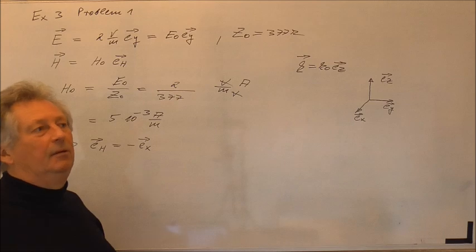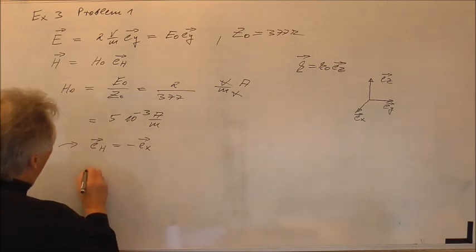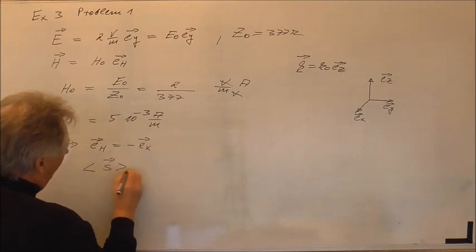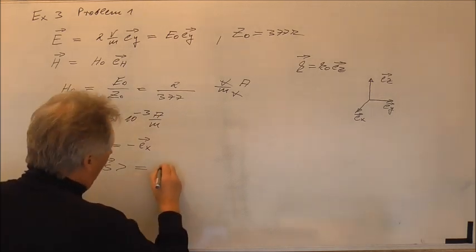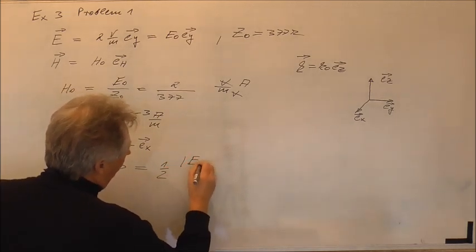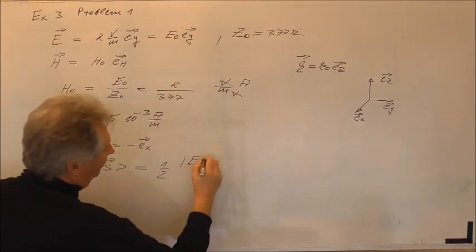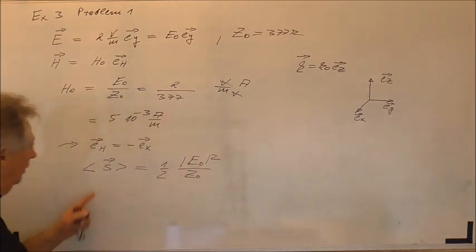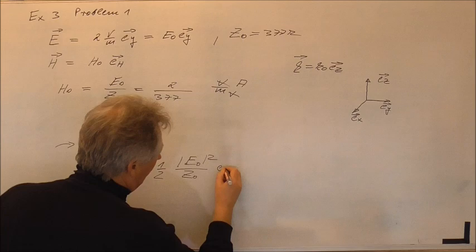This means we calculate the time average pointing vector, and we know that the time average pointing vector is always given by 1/2 E naught, in our case only the absolute value squared, divided by Z naught, and in vector notation I would have to write here EZ.